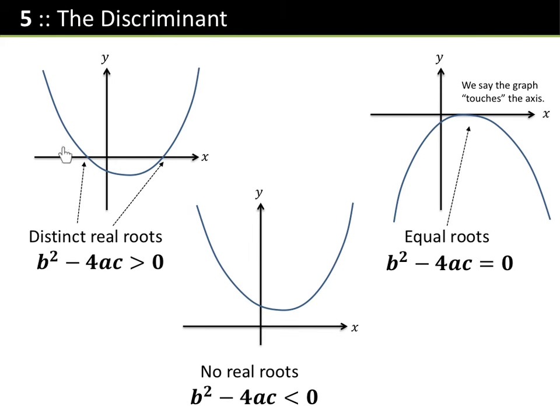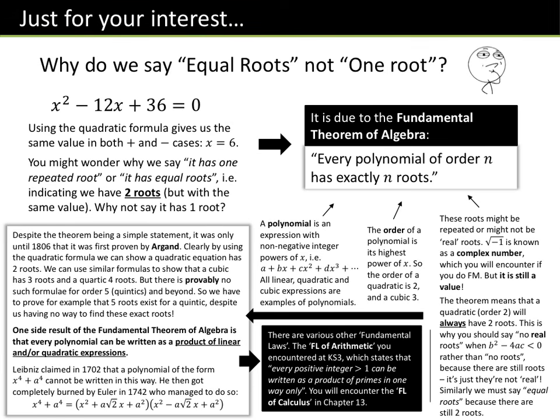Here we've got a few more pictures to show you, so that you understand exactly what each one means and what it represents on a graph. The reason why we say equal roots and not 1 root, you can read through at a later date, but very quickly, if I factorise this one, I'm going to get x minus 6 equals 0.